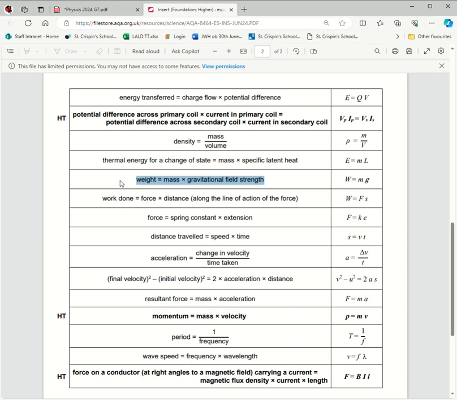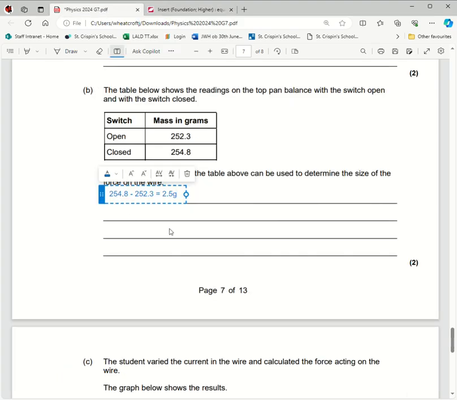Weight is the force that we're going to calculate here, so we need to turn that mass into a force, and we do that by multiplying by the strength of gravity. As I said earlier, 9.8 is the typical value we would use. So I can work this out by doing mass times 9.8 is equal to our force.